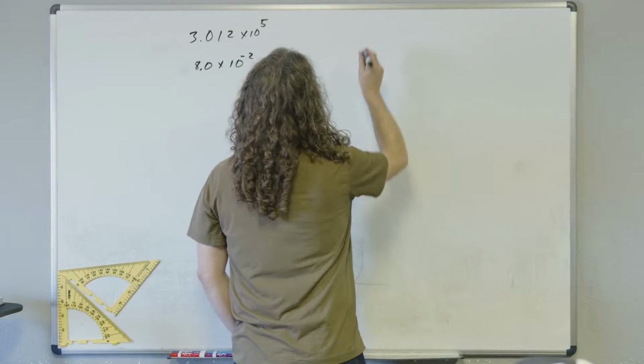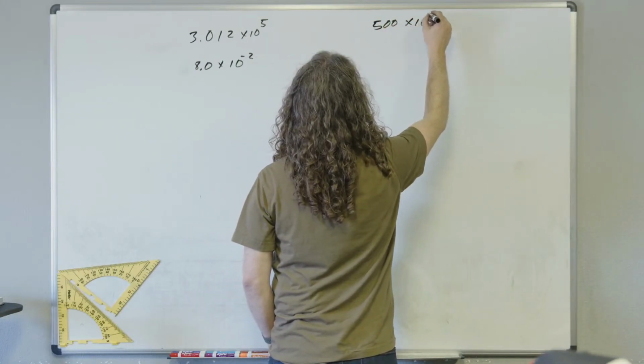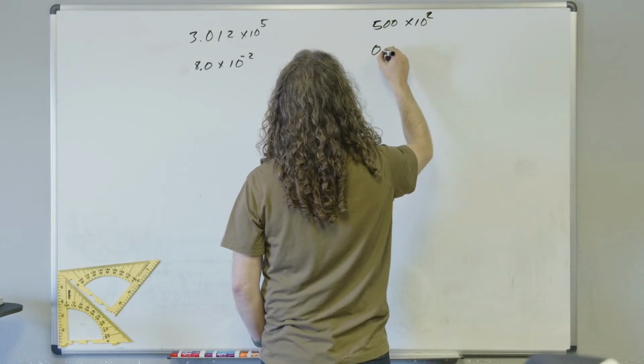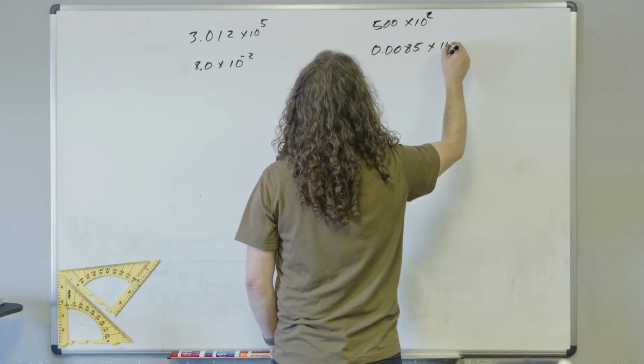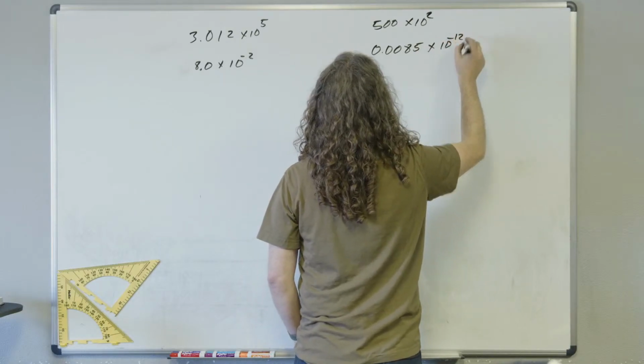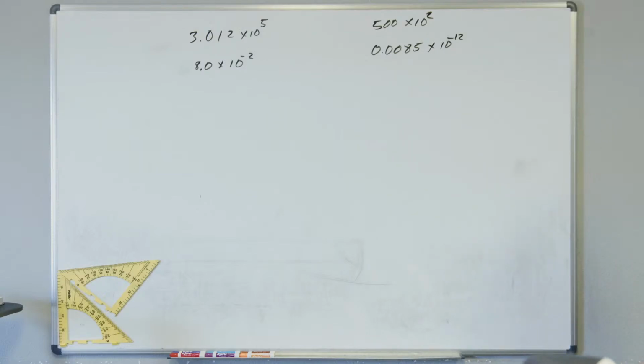These are not correct scientific notation. What's the difference? Why are those right and those wrong? It is something to do with the decimal. It is where things are.